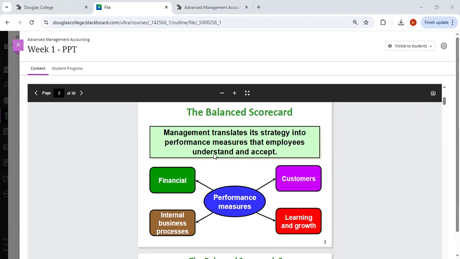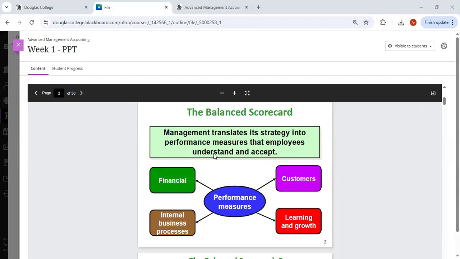It's one thing to understand something, the other thing is to accept something, but let's see, those both are equal. So once management translates the strategy into performance measures, employees are going to understand and accept it, and not only the employees, but any, let's call it stakeholders, related to the company are going to understand that.